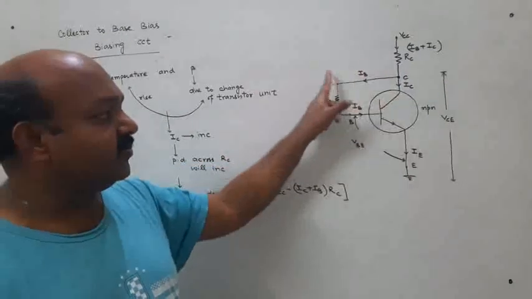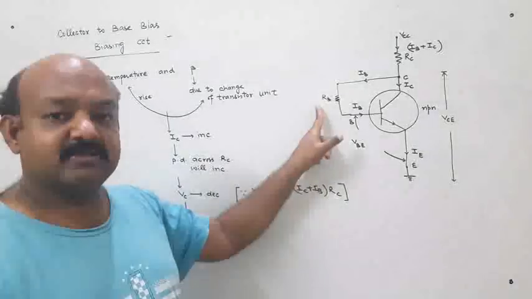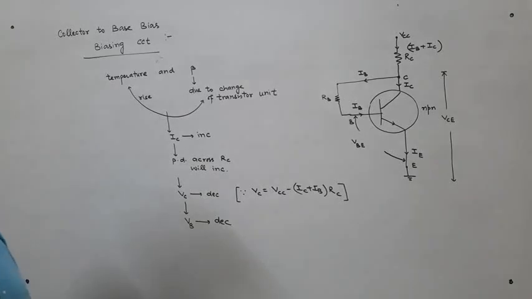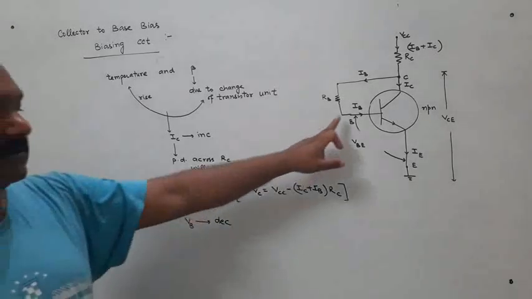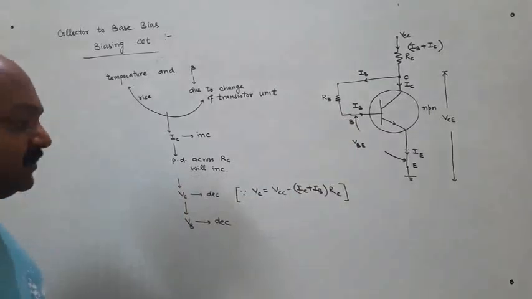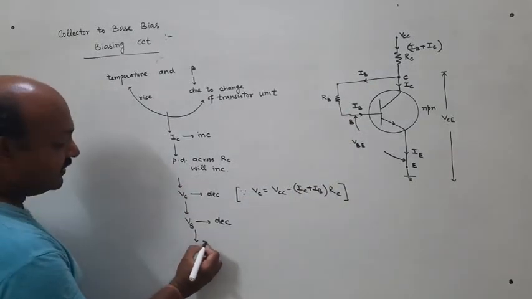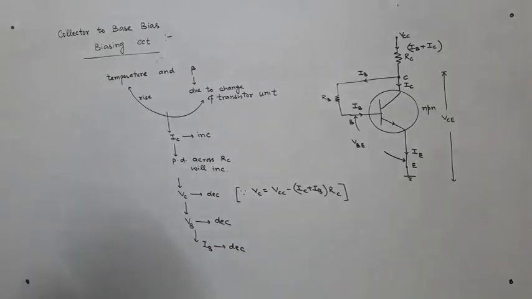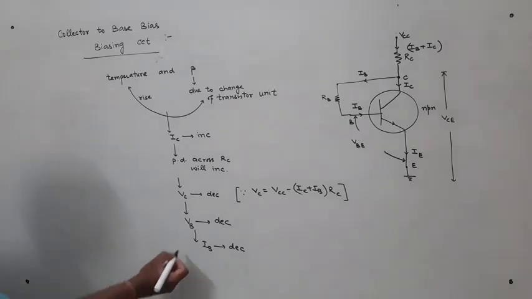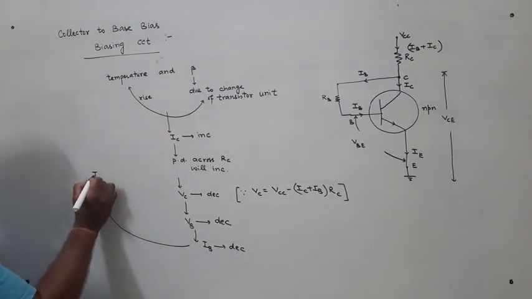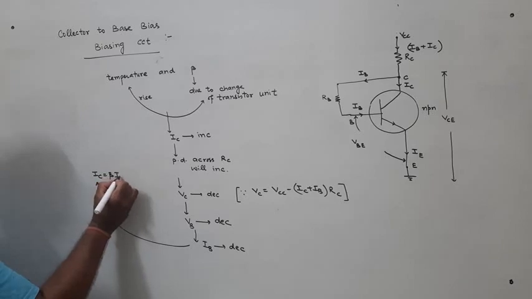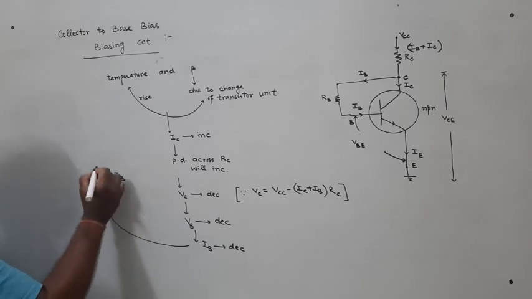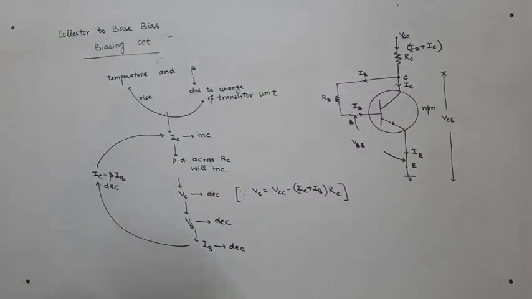This voltage is fed to base by a base resistor. If this voltage decreases, it results in IB decreasing. If IB decreases, then as IC is equal to beta IB, IC decreases, and it compensates the increase.